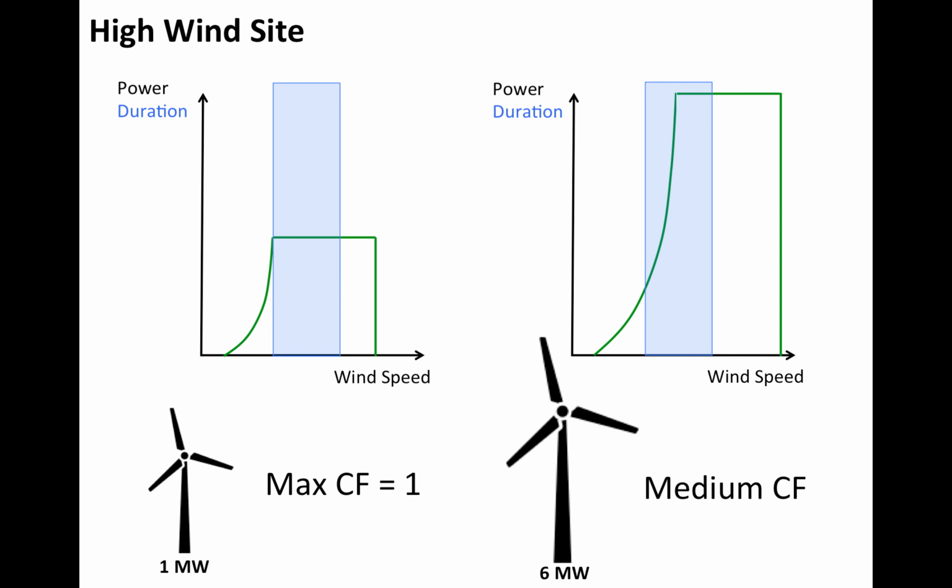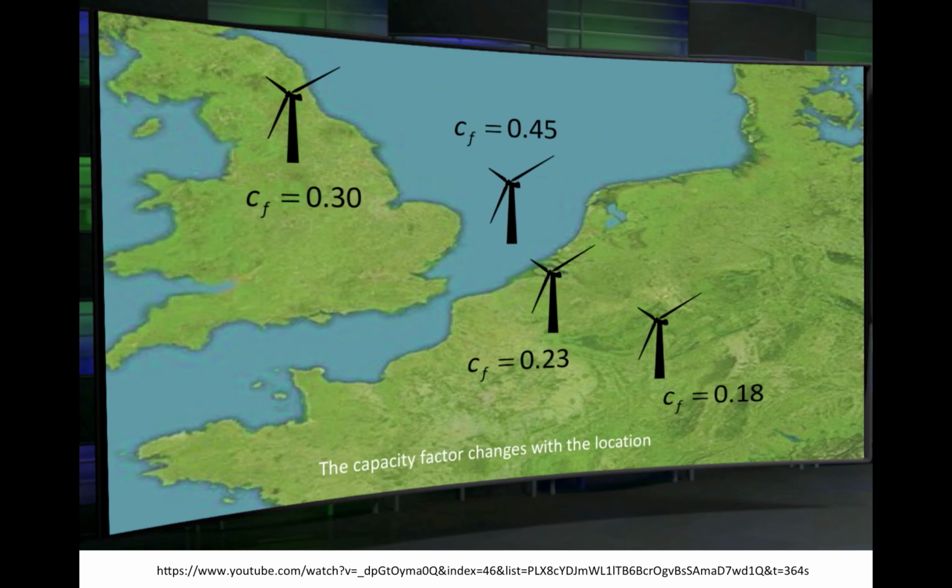So in practice, for a given site with a certain wind characteristic, a normal capacity factor should be around 30%. It is important to remember that the capacity factor is not a measure of the wind turbine's quality. It depends very much upon the wind characteristic of the site. For the same wind turbine, if the wind turbine is identical, its capacity factor can vary substantially depending upon where it is located.